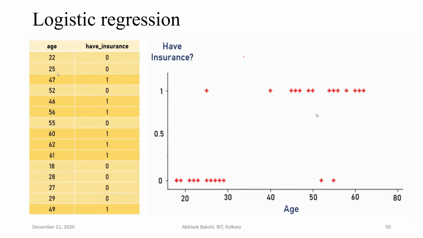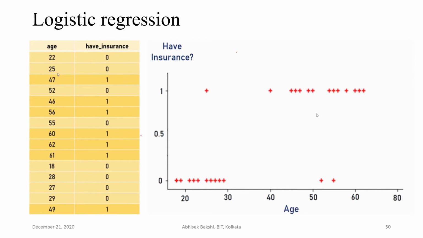Right. So till now, we have seen that we can fit a curve. Now you see, if I put the data set somewhere over here, we can see the points are given something like this, where 1 represents they have the insurance, and 0 represents they don't have any insurance.